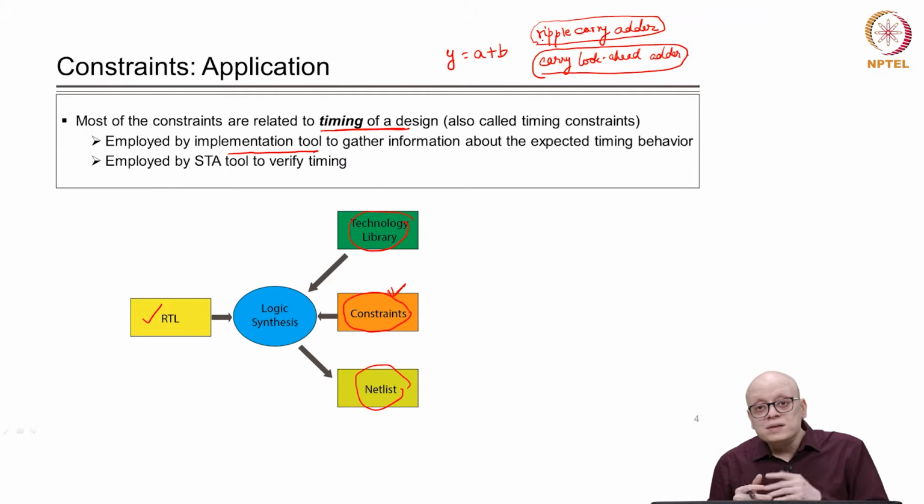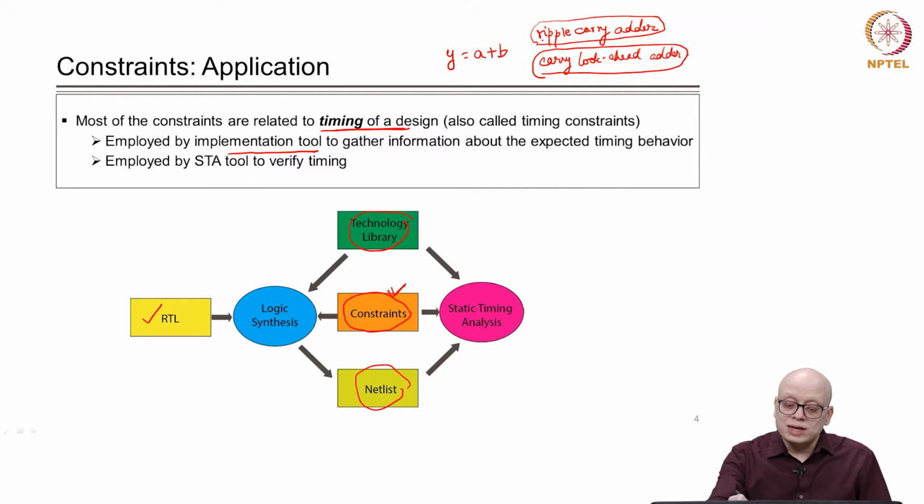Now, what inputs does the STA tool take? The STA tool takes as input the technology libraries, because those technology libraries contain information on the delay of the cells that are there in the netlist, and it also takes the constraints, which need to be satisfied by our design. And of course, the netlist that was generated by the logic synthesis tool, that is what our design is.